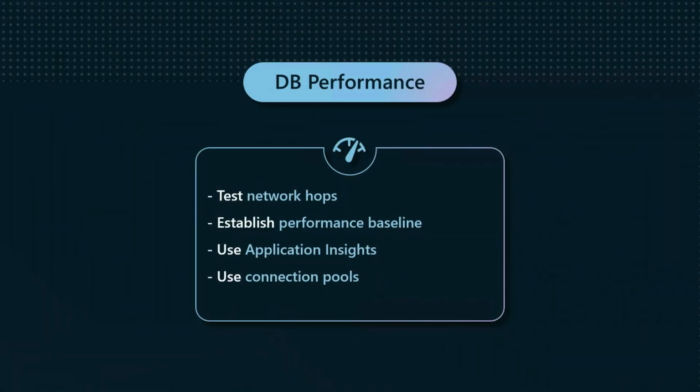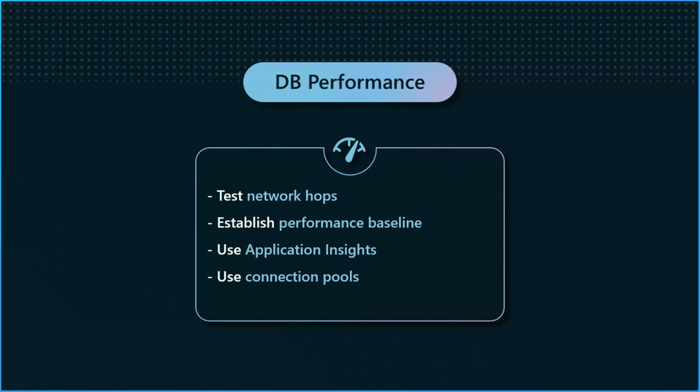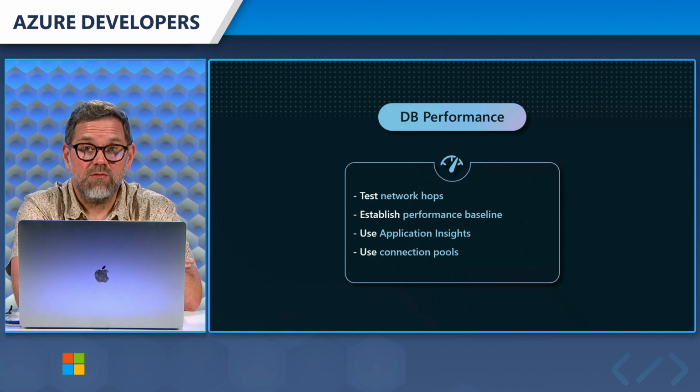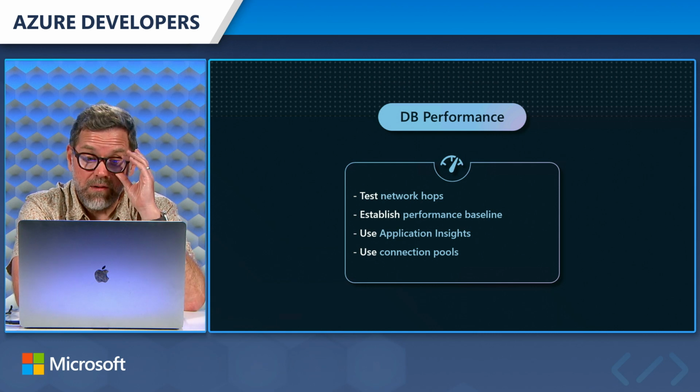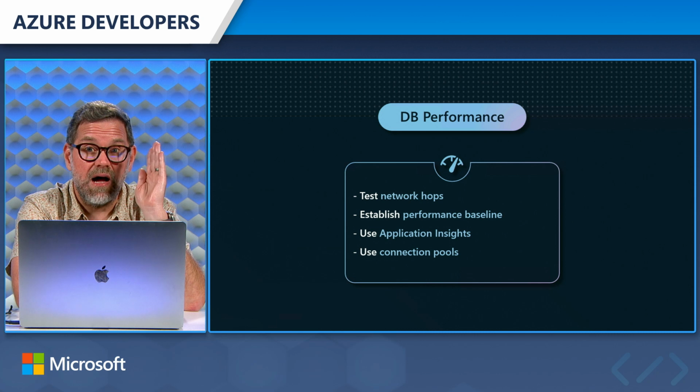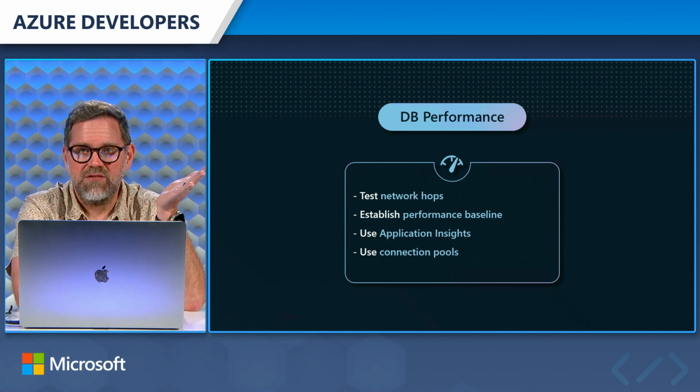All right, so there's another thing that we can do to help speed up performance, and that's database performance. One of the things that we can help with there are testing network hops, right? Overall, if we have a lot of network hops between our database and our web app, things could get slowed down, right? So we want to make sure we can minimize those. And so one of the things that we do when we go from on-prem to the cloud is that we want to establish a performance baseline first. So establish that on-prem first. How fast are things?